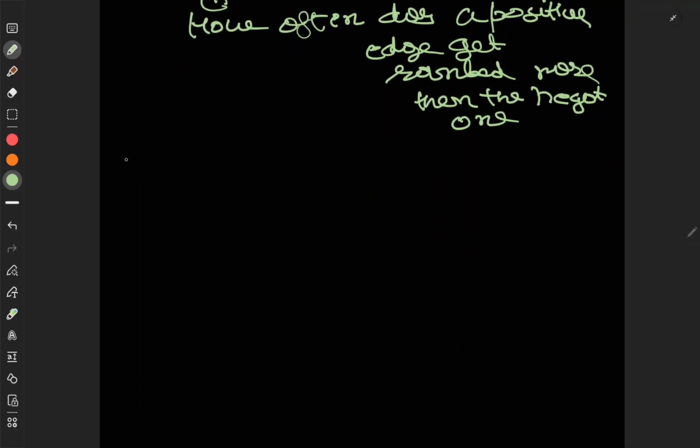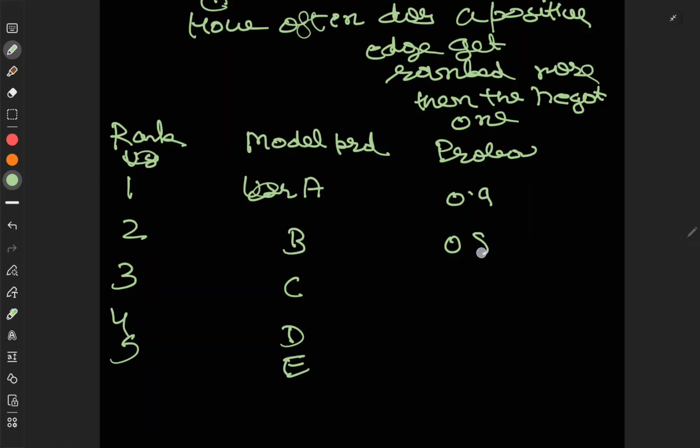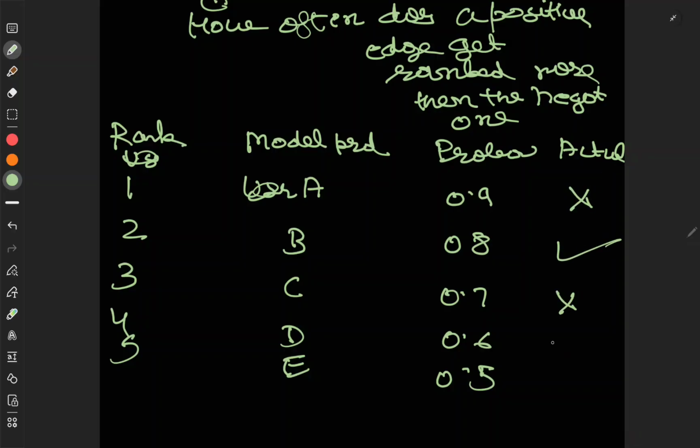Ranks 1, 2, 3, 4, 5, users A, B, C, D, E. The model predicted probabilities 0.9, 0.8, 0.7, 0.6, 0.5. Actual: did not connect, connected, did not connect, connected, did not connect.